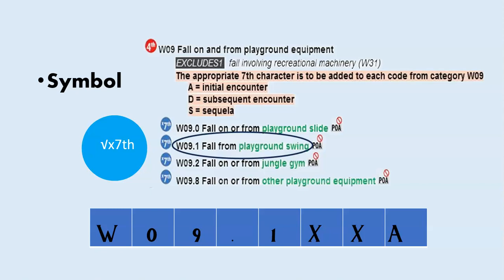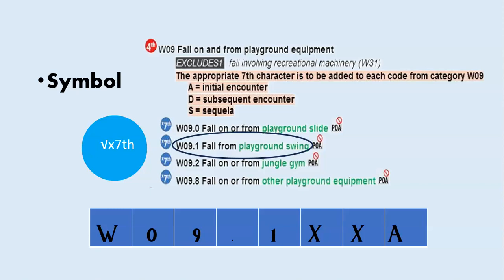This is an example of how the X character is placed before adding the 7th character. If the patient received treatment for an elbow injury from falling from a playground swing, the complete code is W09.1XXA.